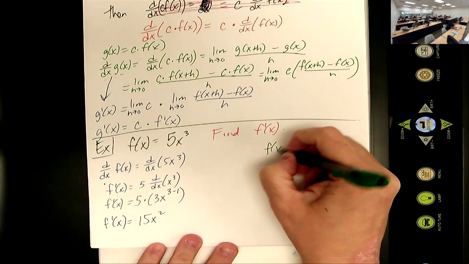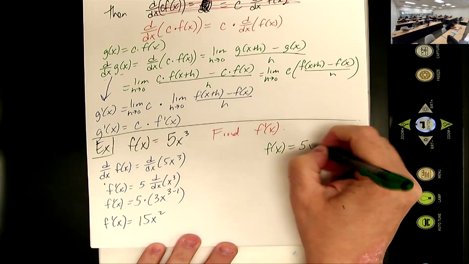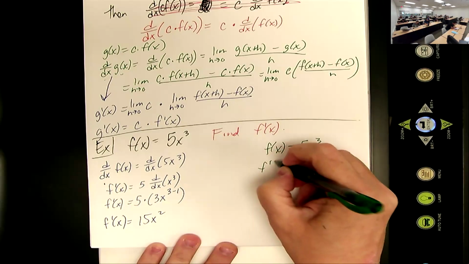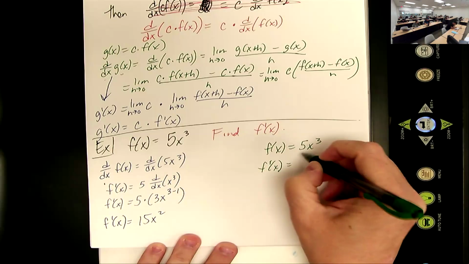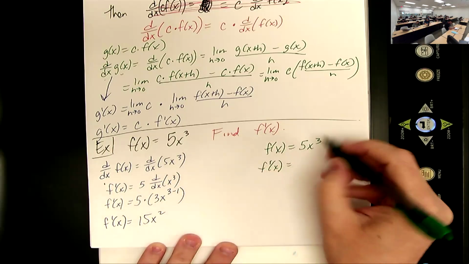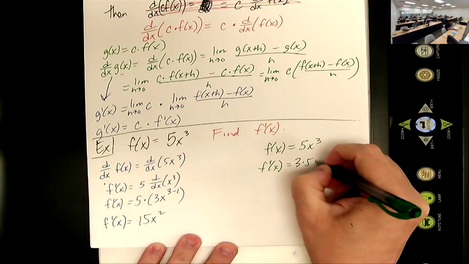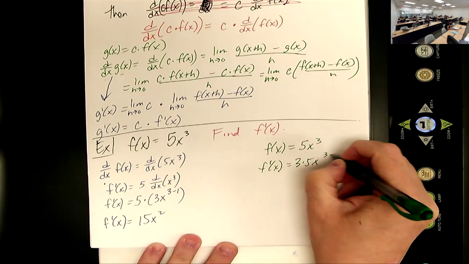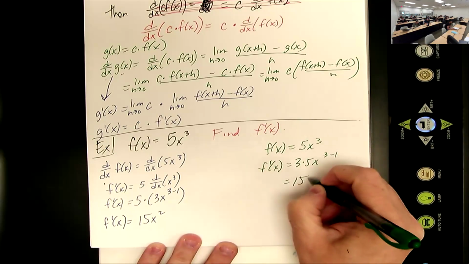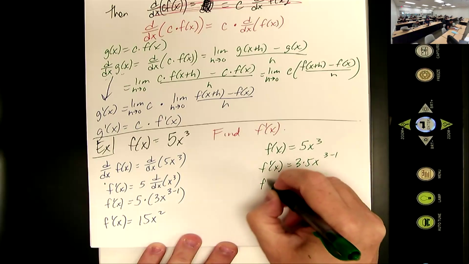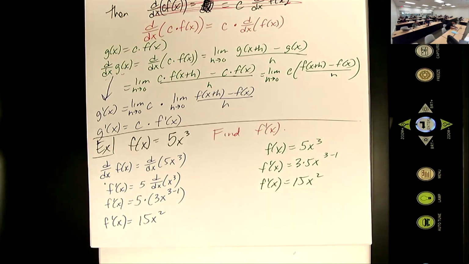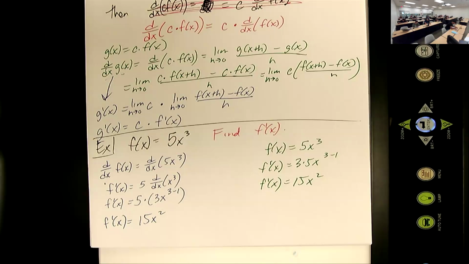A better, faster approach when you're doing it, rather than writing out these middle steps, just bring the power down and multiply it.